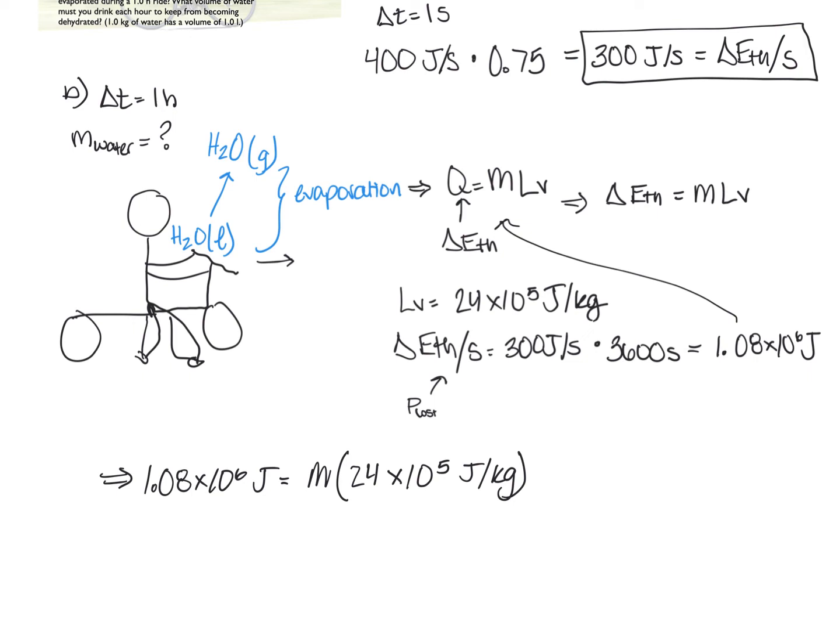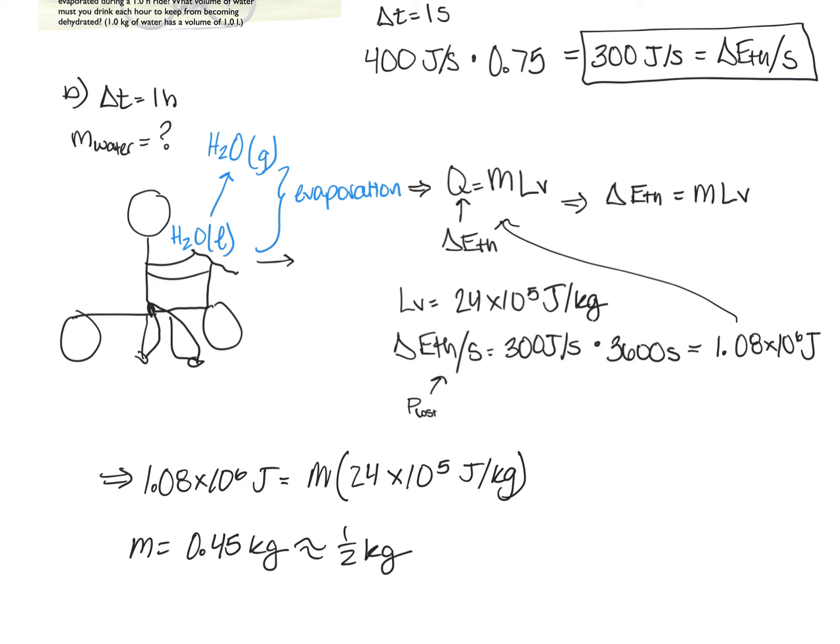So let's go ahead and do that. And we end up getting a mass of water lost that is equal to 0.45 kilograms, which is about equal to half a kilogram.